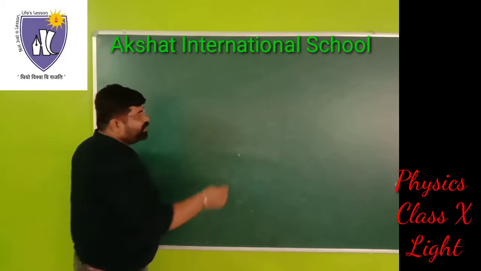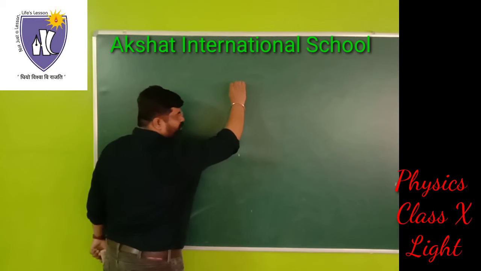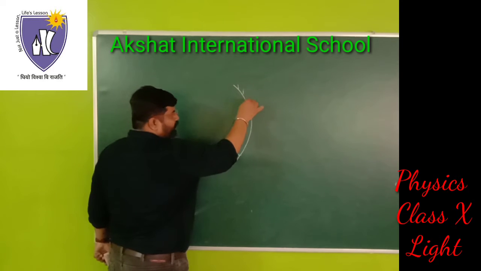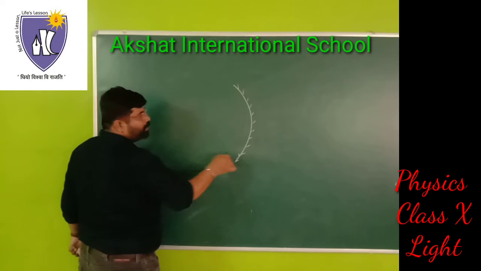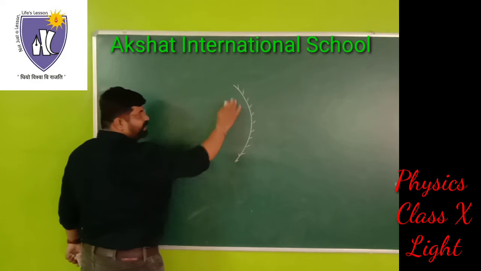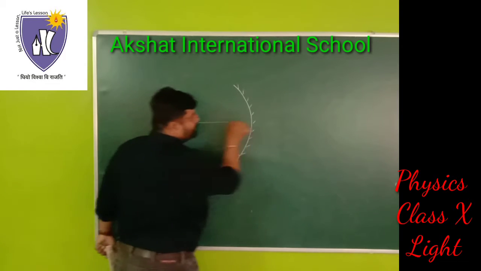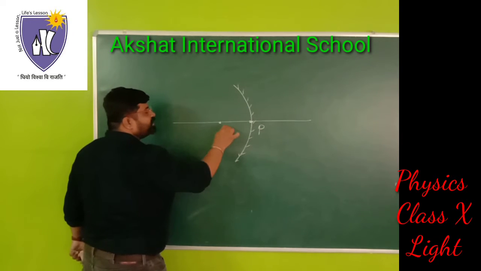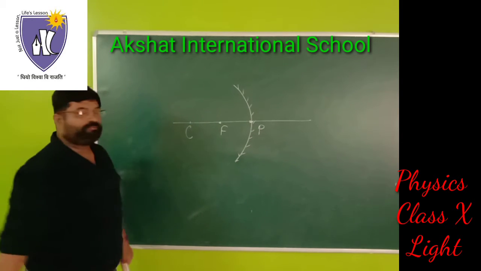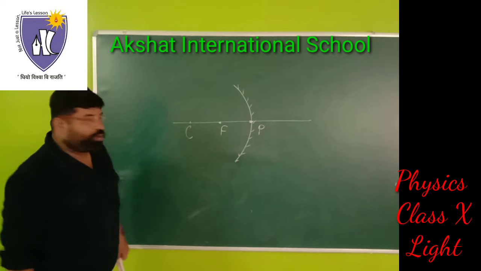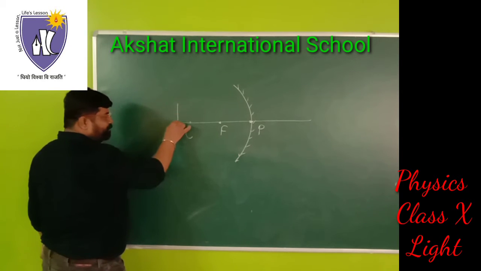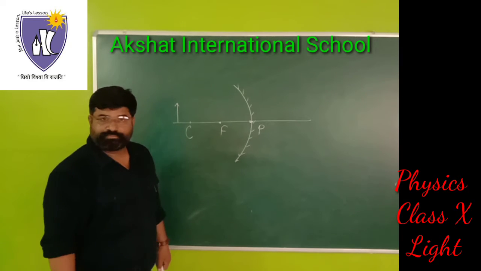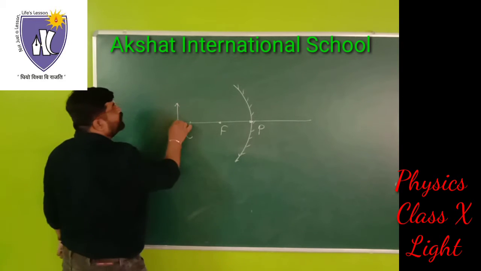Now let me take another example for a real image. Again we have a concave mirror, so this is the polished surface and this one is the reflecting surface. Here I have again the pole, this is the focus and this is the center of curvature. Now suppose I keep the object at this position, this is also one of the cases.